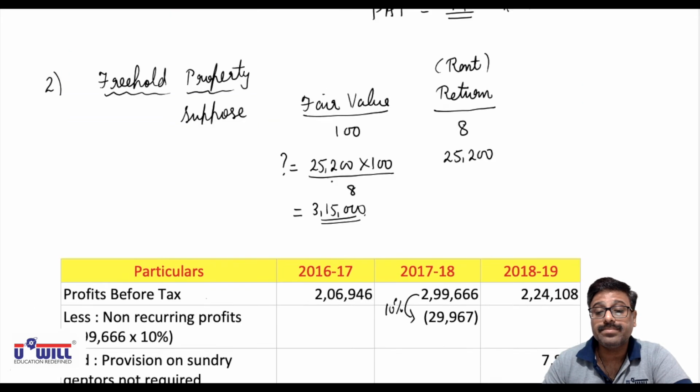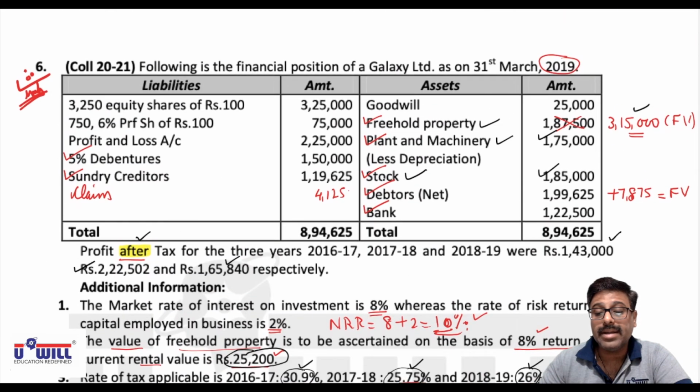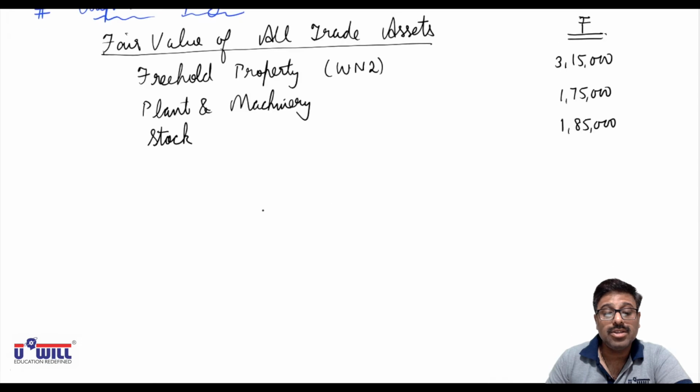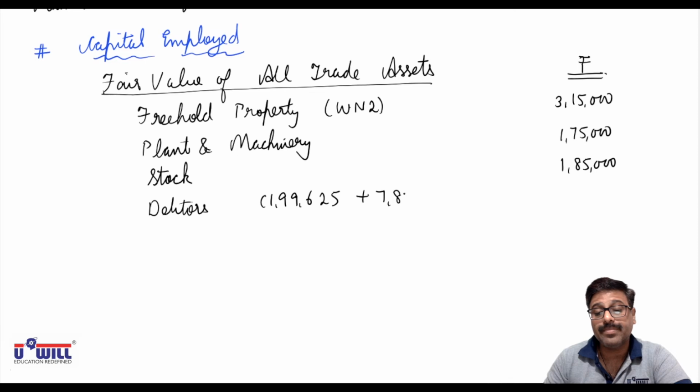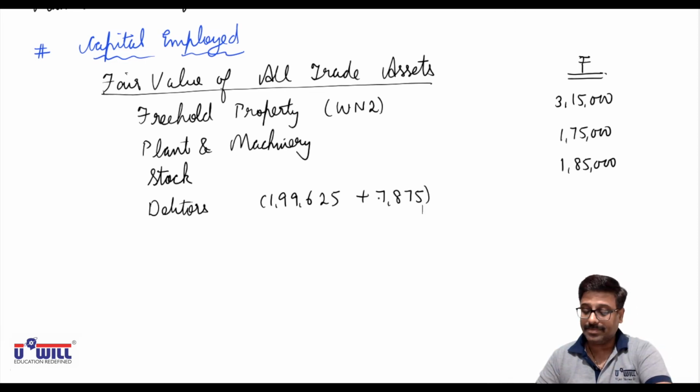Then debtors, we will take 199,625 plus the provision which was not required, that is 7,875. So do it everyone: 199,625 plus 7,875, 2,07,500.